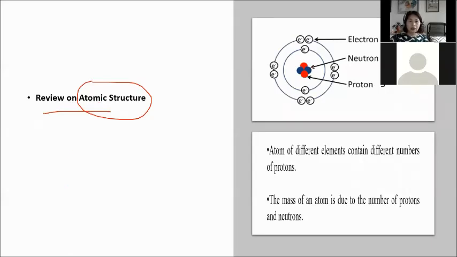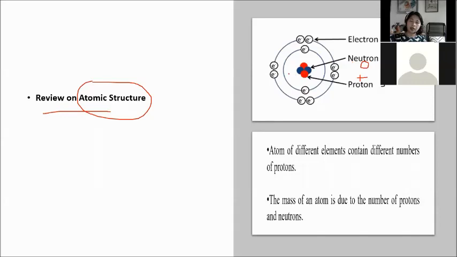Pare-pareho dyan yung atomic structure, wherein the central part of the atom is called the nucleus. That's comparable to the sun. And the nucleus is composed of neutrons, where a neutron is a neutral particle, and protons. So dalawa itong nasa nucleus, neutron at saka proton.